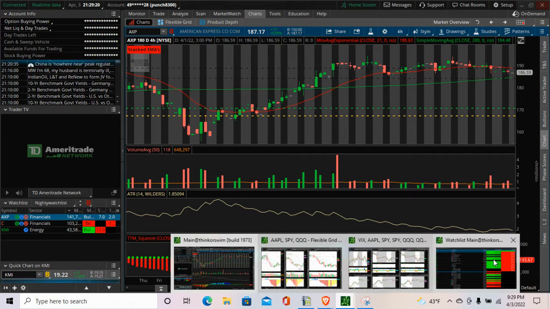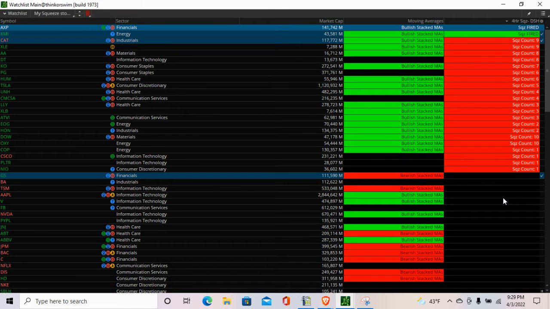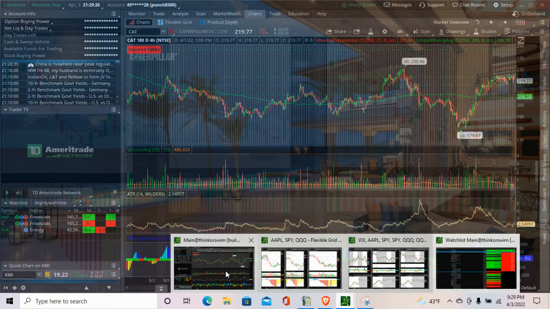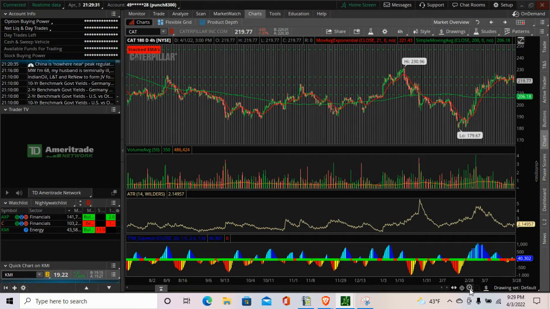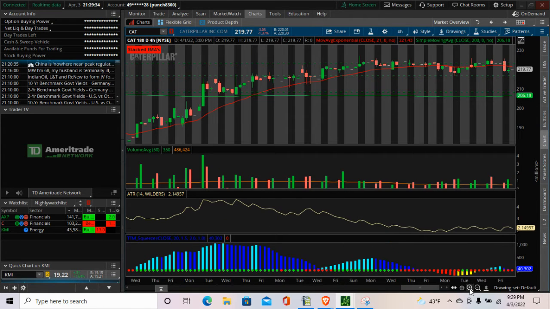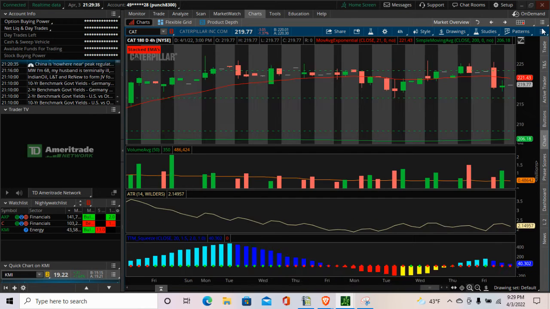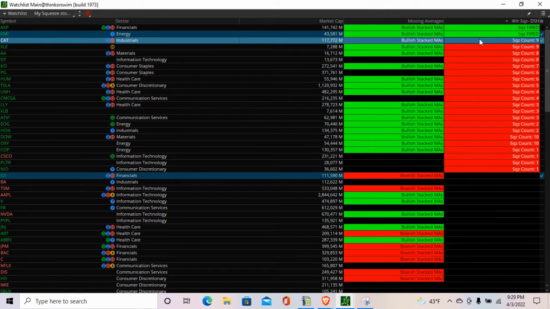And so then if we were to go to, for instance, which one is this? Cat on the 4 hour. So now this shows Cat's been in a squeeze for an extended amount of time on that 4 hour chart. This basically counts the number of dots that Cat has been in the squeeze.